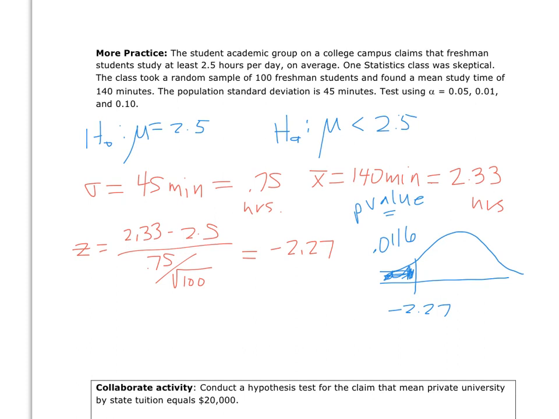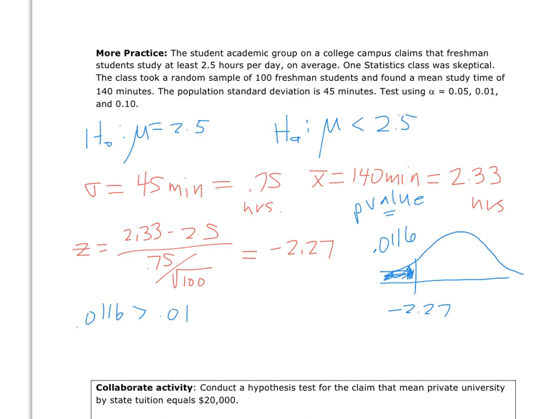All right, now we're on to making the conclusion. We're comparing this to all 3 significance levels. 0.0116 is greater than 0.01.